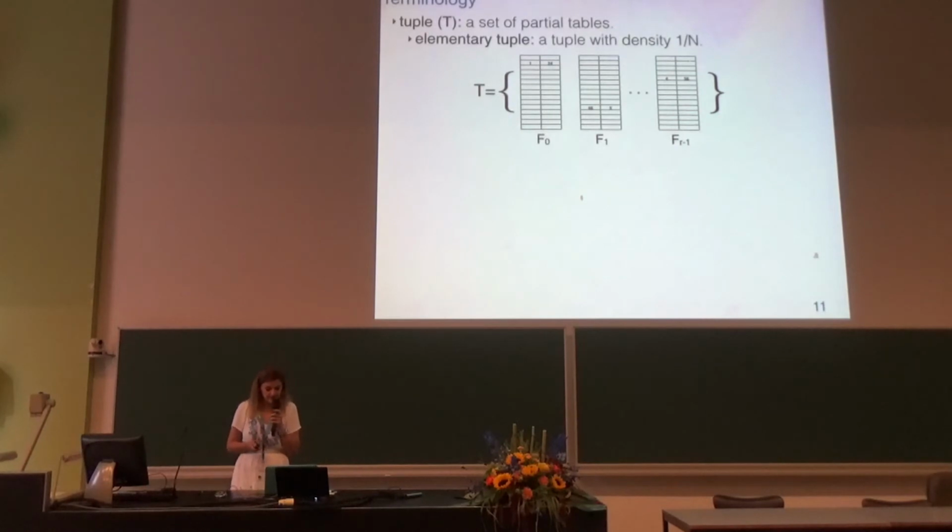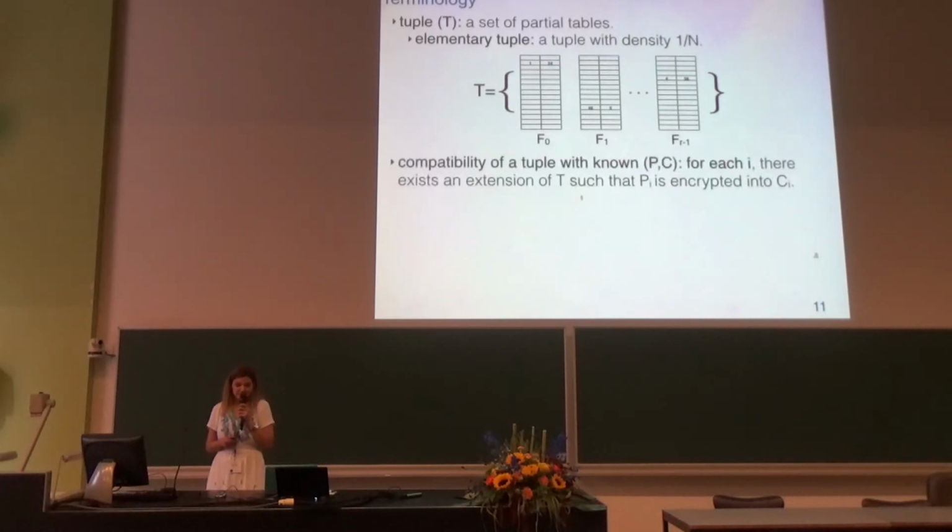Another notion, I'm not done yet, is the compatibility of a tuple with a known set of message-ciphertext pairs. In this set of plaintext-ciphertext pairs, we say the tuple is compatible if there exists an extension of each table such that each of these messages is encrypted to its corresponding ciphertext.